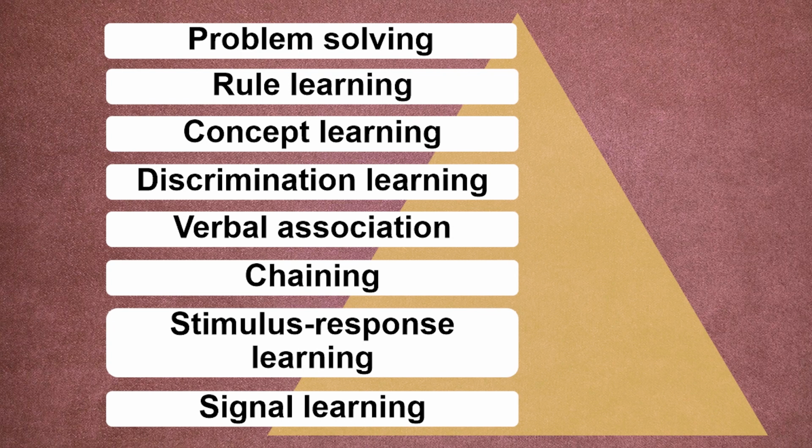And when it comes to discrimination learning, concept learning, rule learning and problem solving, the learning is going at a higher level. So the higher order of thinking is necessary in the hierarchy of learning.